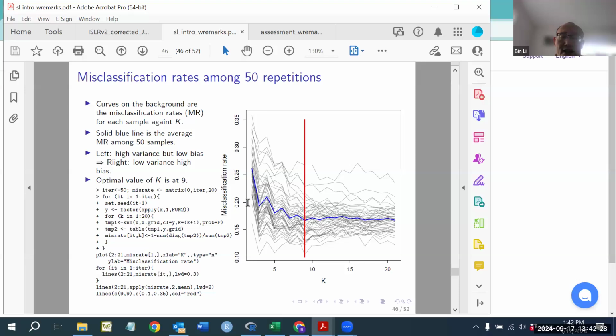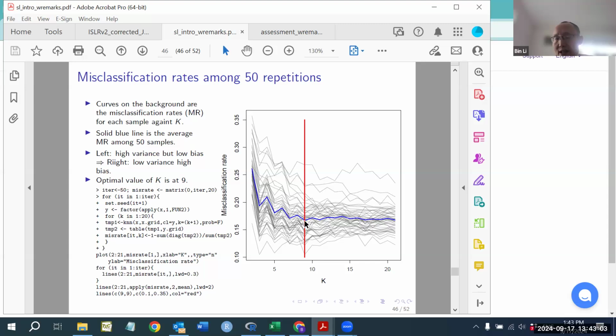So this one shows the misclassification rate over 50 data sets. For each data set, we apply the KNN at K from 1 through 21. Each curve represents a particular data set with different values of K in KNN. The blue one is the average of the misclassification rate over these 50 replications.